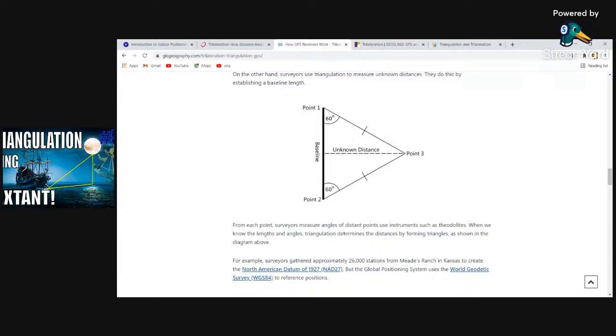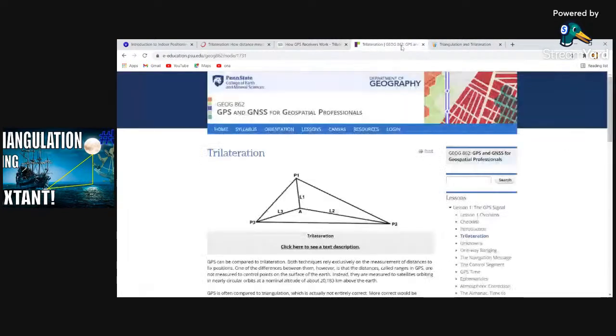When we know the lengths and the angles, triangulation determines the distances by forming triangles as shown in the diagram above. And once again, we've got point 1, point 2, point 3. So we are not using those 3 points when using the sextant. We have only got 1 reference point that we're trying to find. We're trying to find our 1 point, and we're using other things like the stars around us to triangulate our position.